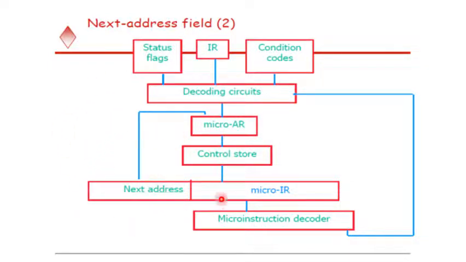The next address bits are fed through the OR gate to the microaddress register so that the address can be modified on the basis of the data in the instruction register, external input and condition codes. The decoding circuit generates the starting address of a given microroutine on the basis of the opcode in the instruction register.